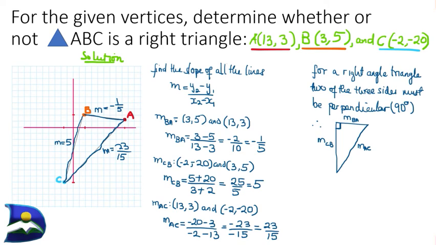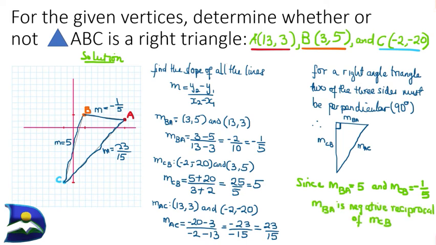After drawing that, we observe from our calculations that slope BA and slope CB have a relationship that fits the perpendicular criteria: when I have 5 and I perform the negative reciprocal, that gives me -1/5. Therefore, this is proof that, in conclusion, this triangle is a right triangle, which forms 90 degrees between the 2 lines.